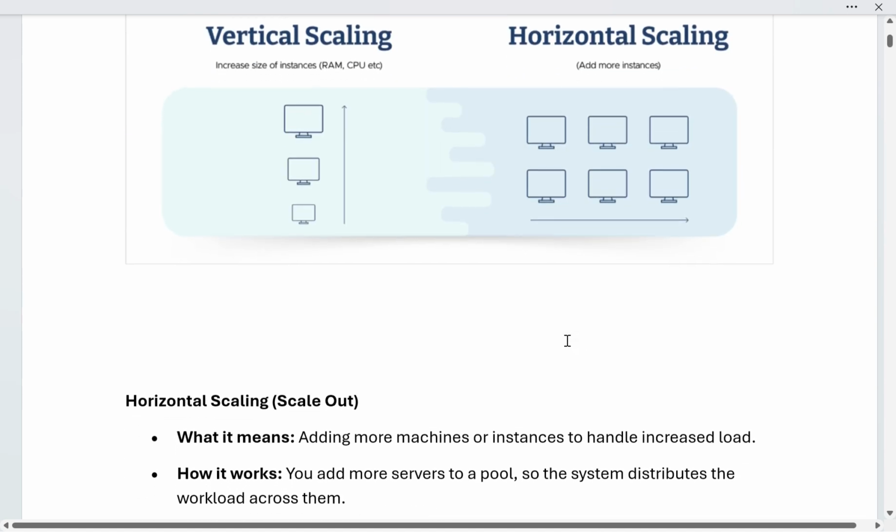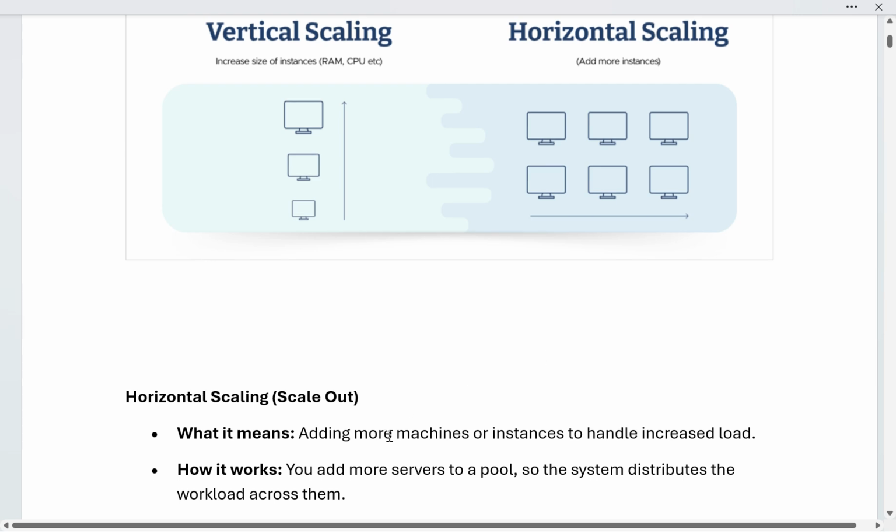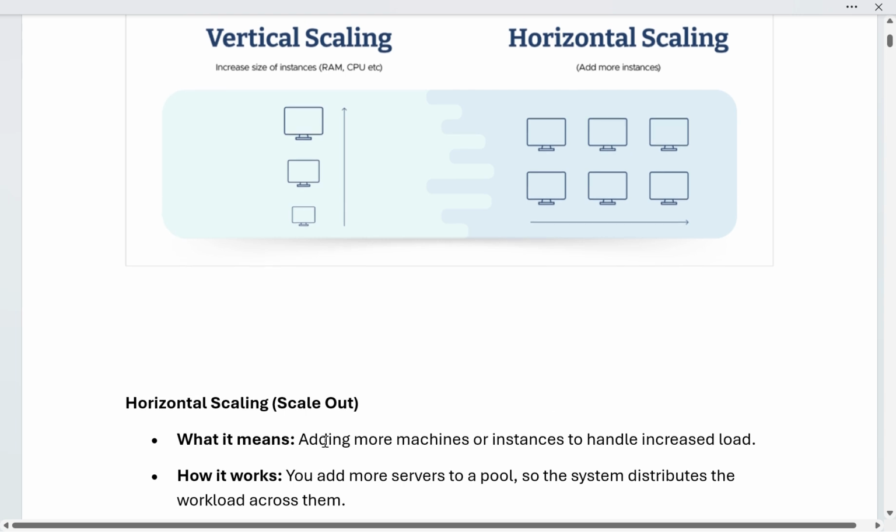Let's see the theory part also. Horizontal scaling means adding more machines or instances to handle the increased load, and it is also called scale out. If there is one existing machine, you add one more to the pool.